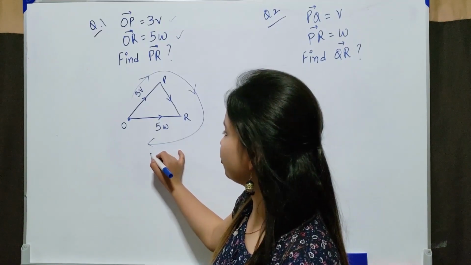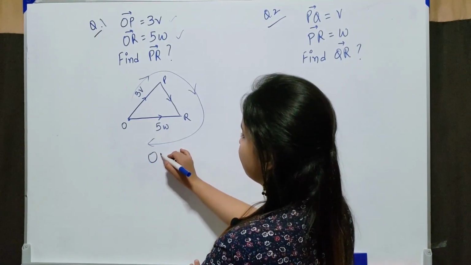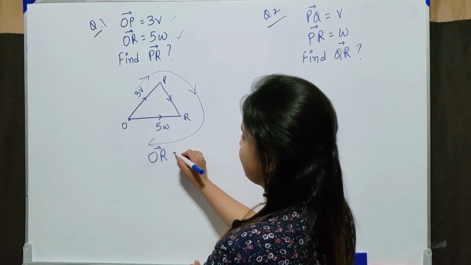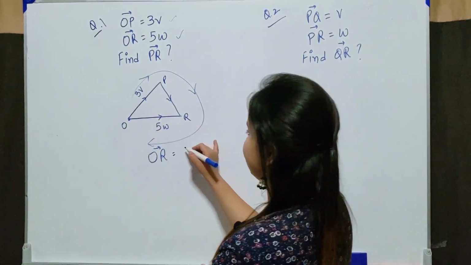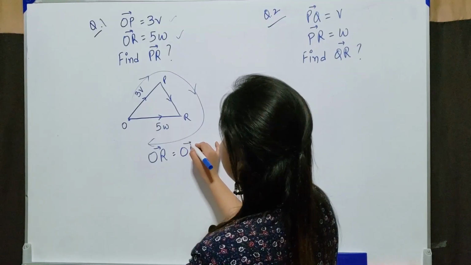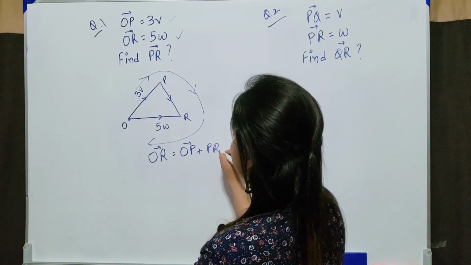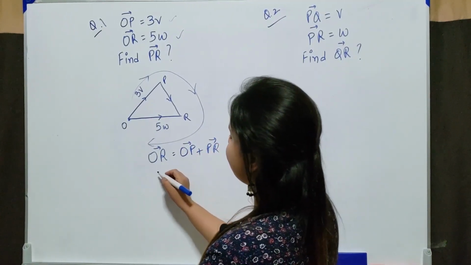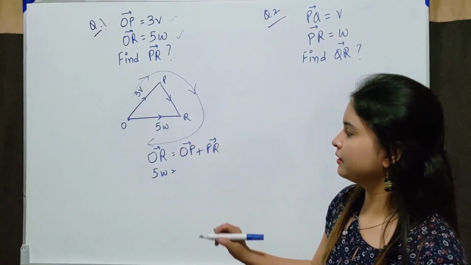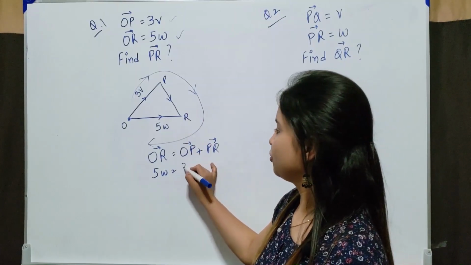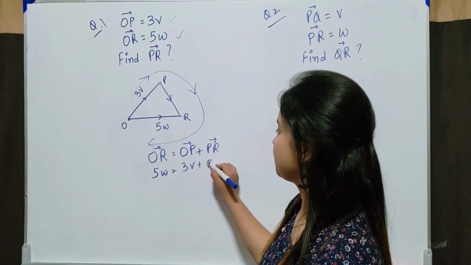According to the triangle method, the resultant vector is equal to the sum of the other two vectors, which is OP plus PR. Now OR is 5W, already given in the question. OP is 3V plus PR.